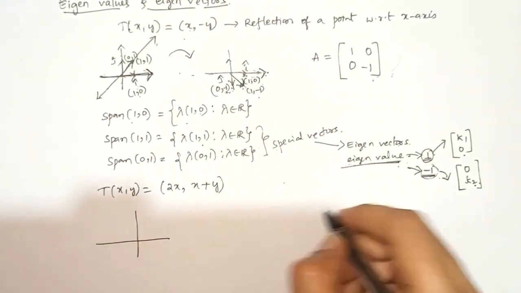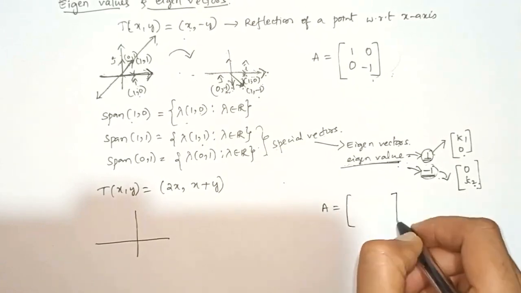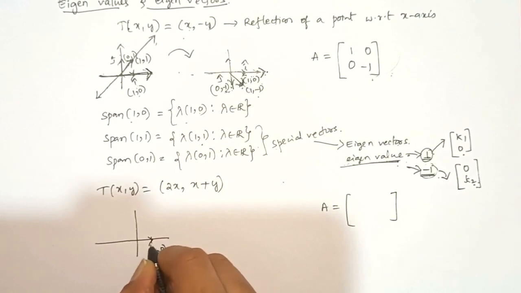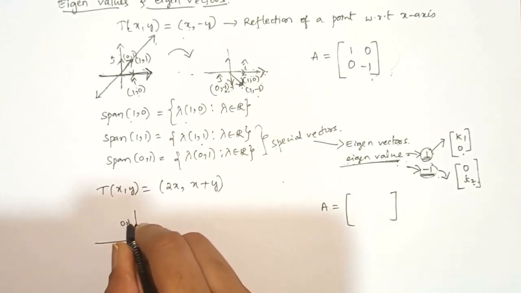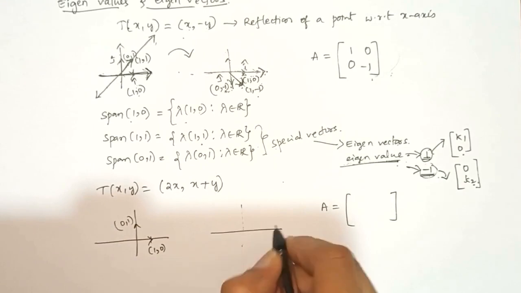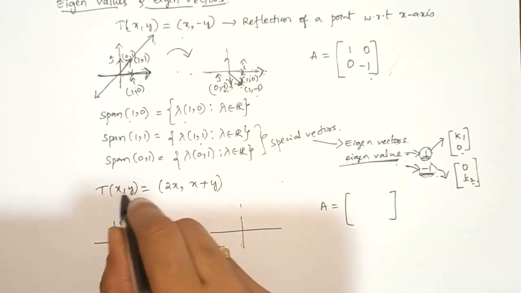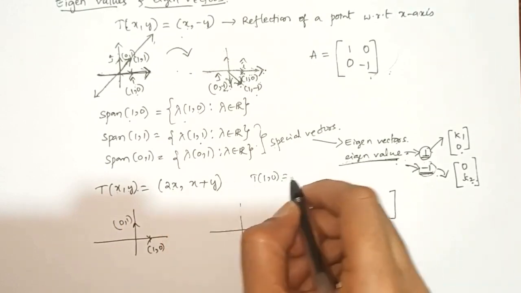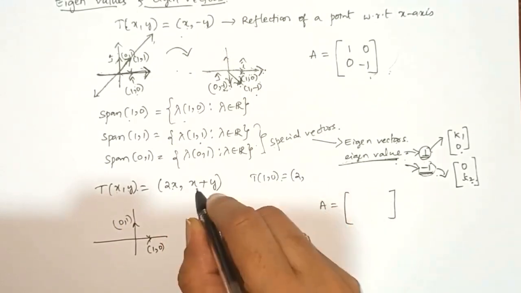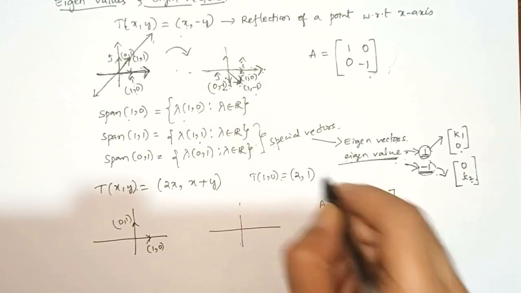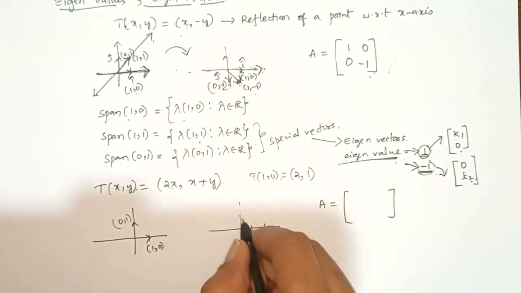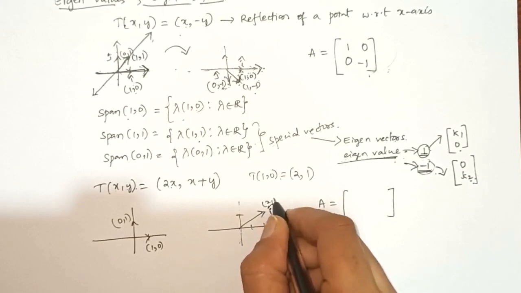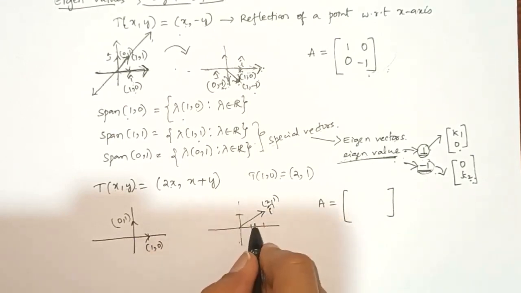So in this case, first get the matrix of this linear transformation. The matrix of a linear transformation is where i cap lands and where j cap lands after applying the transformation. T of (1, 0) is (2 into 1, 1 plus 0), which is (2, 1). This is the new position of i cap after applying the transformation.